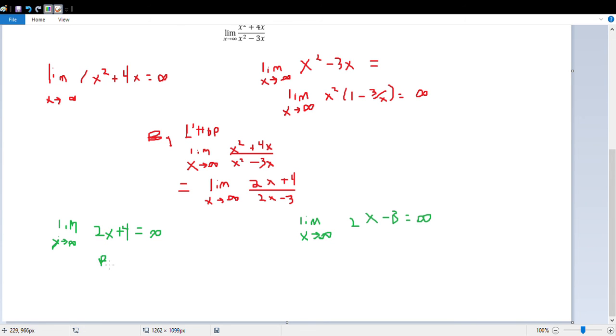Then by L'Hopital's, we know that this limit here, and we'll start by rewriting it, and then we'll show what it's equal to.